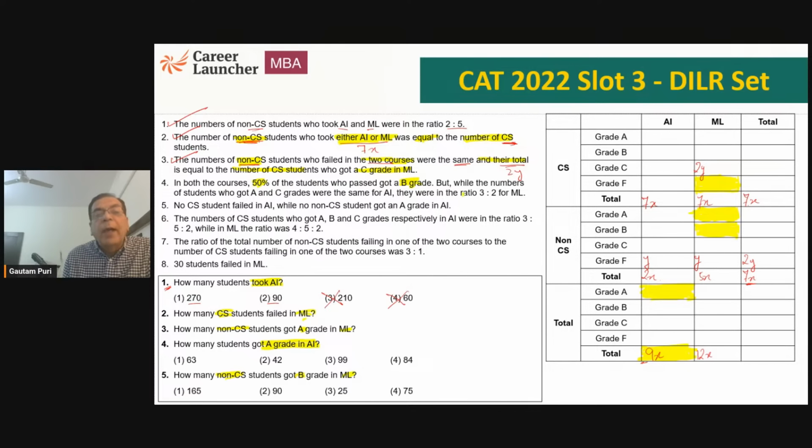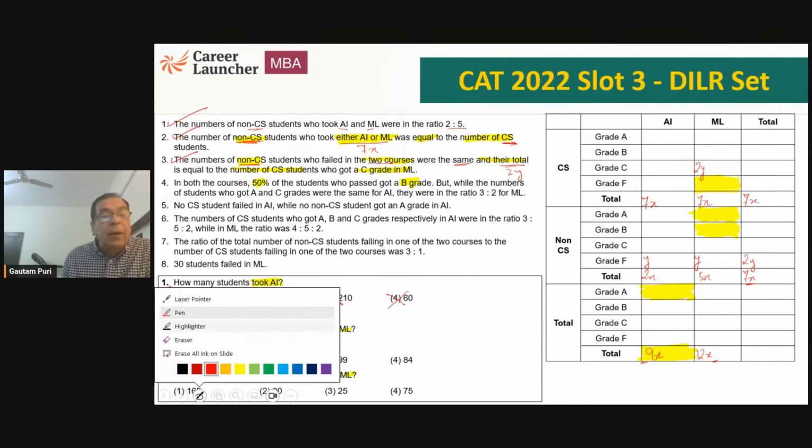So 50% of the students who passed are getting a B grade, not total. So out of the 9x, if I remove these failures, 50% of the remaining will come here. Similarly, out of these 12x students of ML, if I remove the failures, 50% of the remaining will be this part, which is B grade. So that is information which I don't have at this point of time.